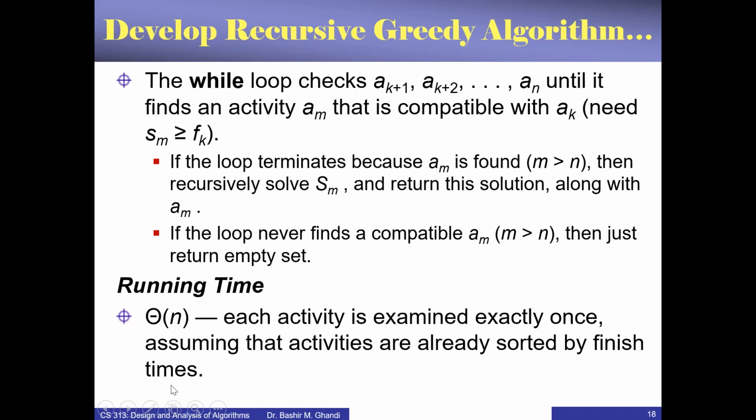Then you are only going across the height of the tree to move the highest priority element to the top, so that will just be log n, and since we're going to do that for each element, we will end up with n log n. But here we started by assuming the activities are already sorted and we are examining them one after the other. Therefore, the running time is not going to be more than theta of n.